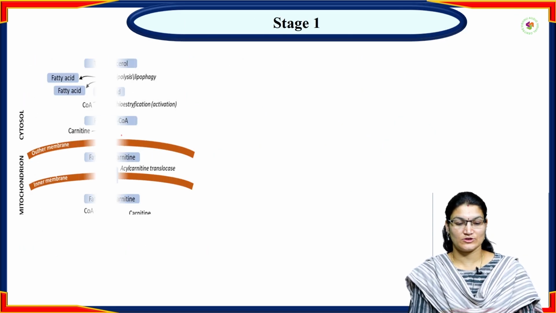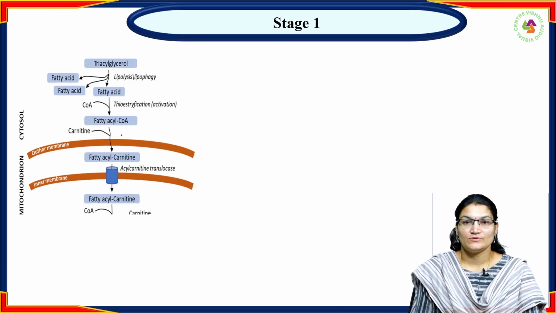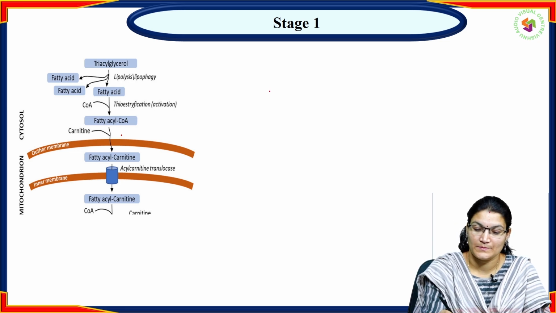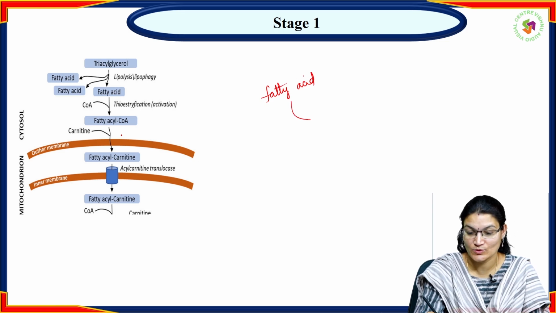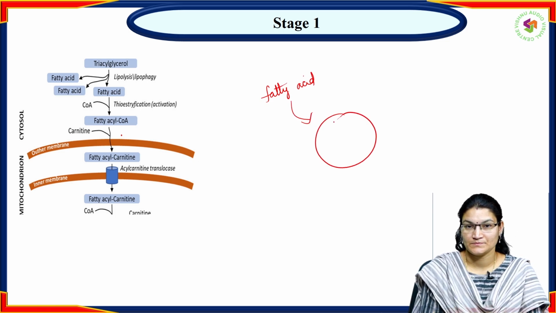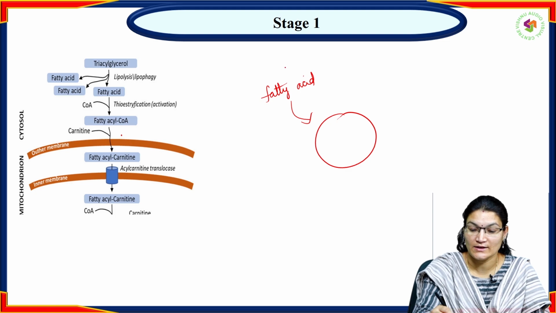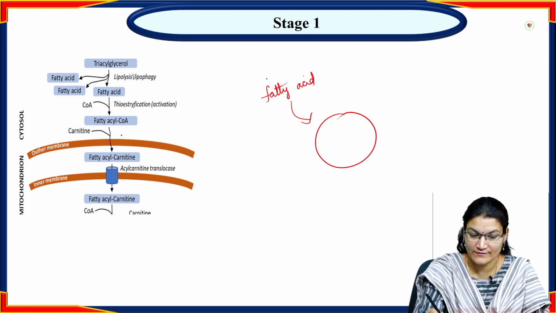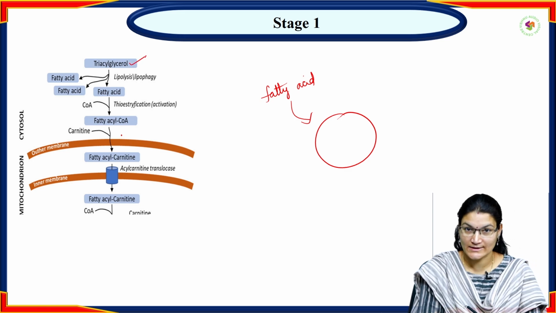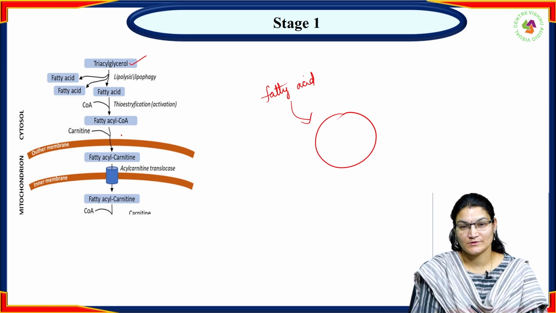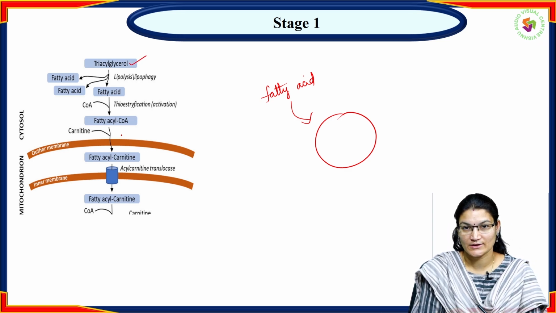Let's start with stage 1. As we discussed, the fatty acid from the blood circulation has to enter into the cell. Before entering into the cell, the fatty acid is not a free fatty acid. It is available in the form of triacylglycerol, also called triglyceride.